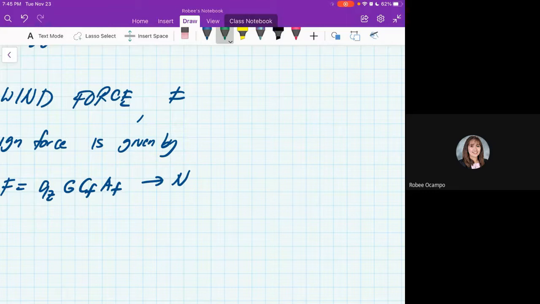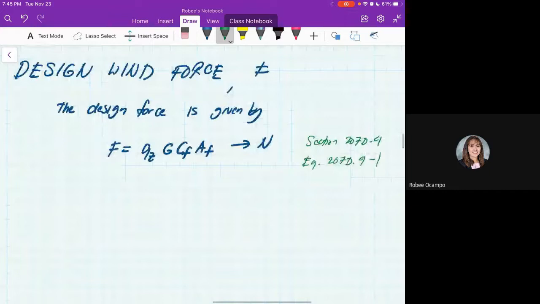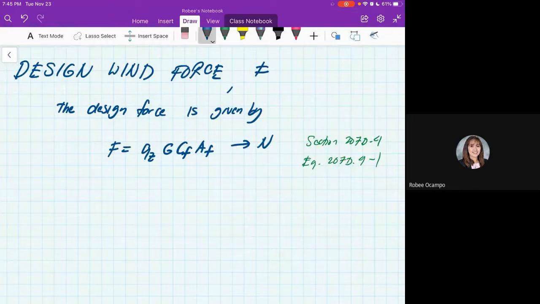This is from section D.4, particularly equation 207D.4-1.